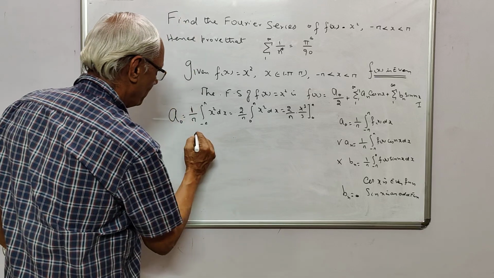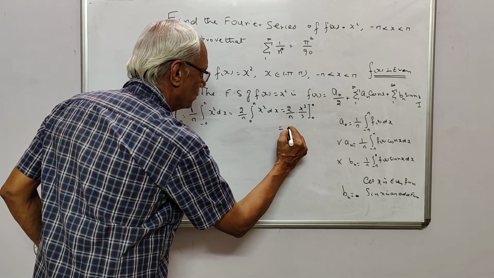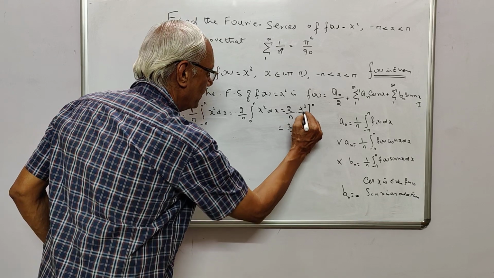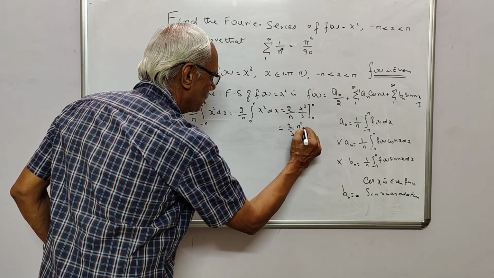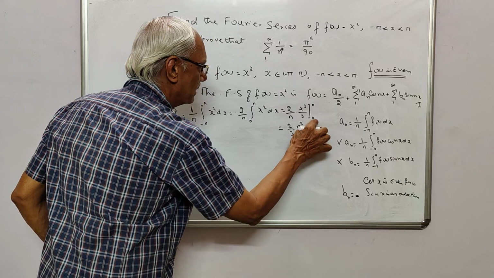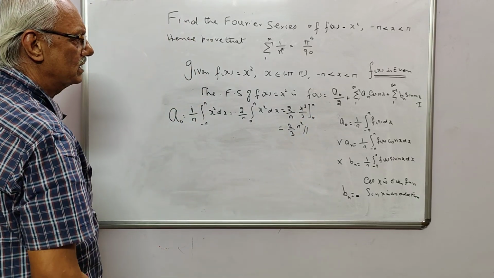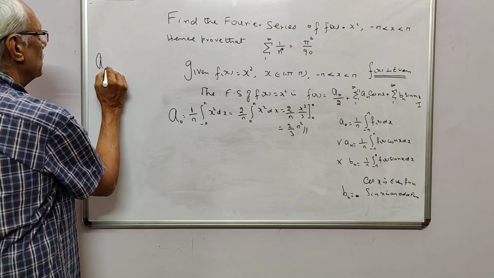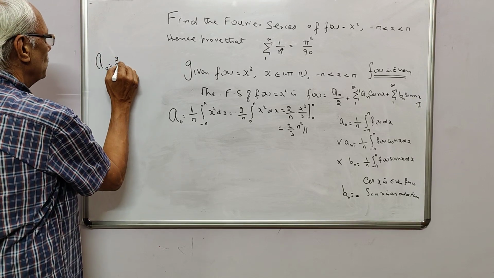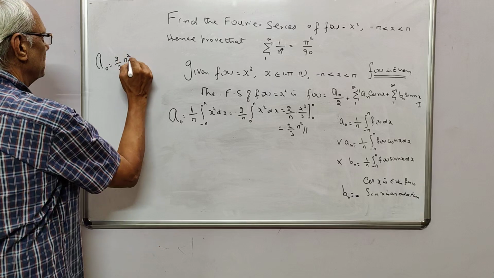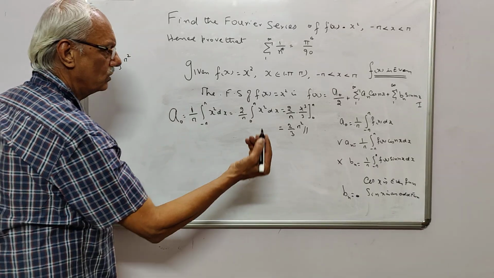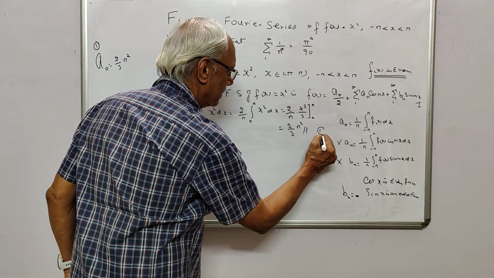Here you see that x equal to 0 goes off, so it is pi cubed, and you get your A0 is equal to 2 by 3 pi square. So this is my first result.